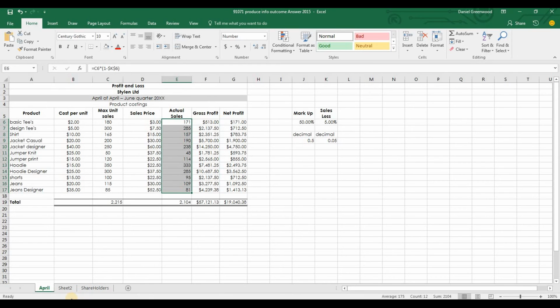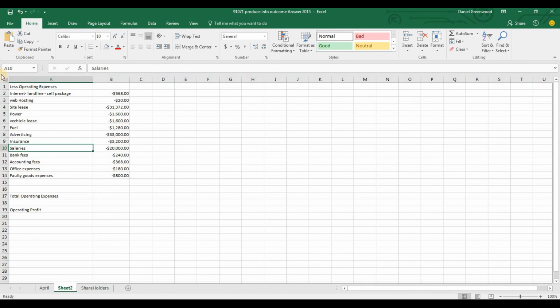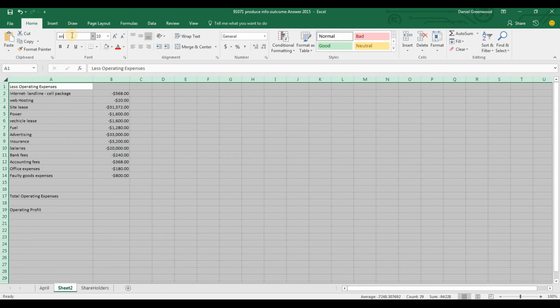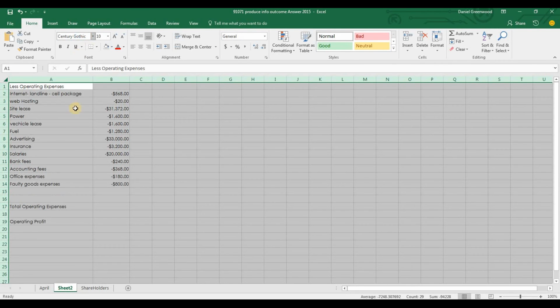There's a sweet email. Right, so in terms of that, if I go to sheet 2, which has my operating stuff, expenses, that needs to be Century Gothic. Really? Okay, whatever, don't do it then. Century, there we go, thank you.